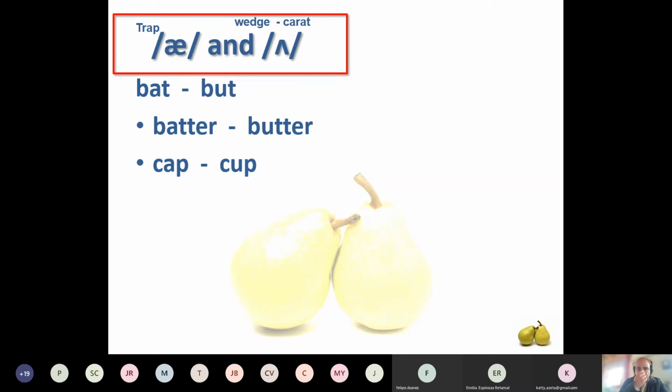So you're expected to read, identify, right, and produce these two specific sounds. Okay, so that's in terms of monophones.